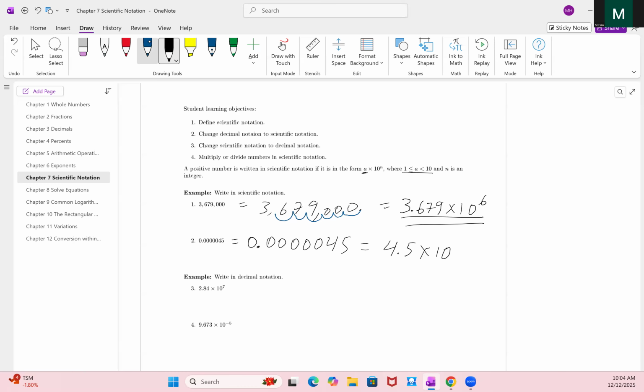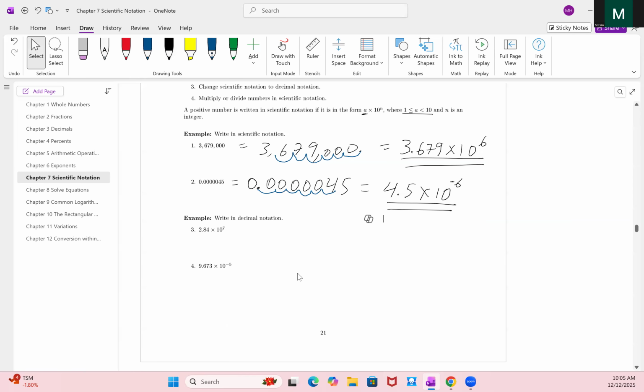The exponent of 10 would be the number of places we move the decimal to the right: 1, 2, 3, 4, 5, 6 places. Since we moved it to the right, it's going to be negative 6. So 4.5 times 10 to the power of negative 6. The a is between 1 and 10, always. The exponent is an integer, either positive, negative, or 0.